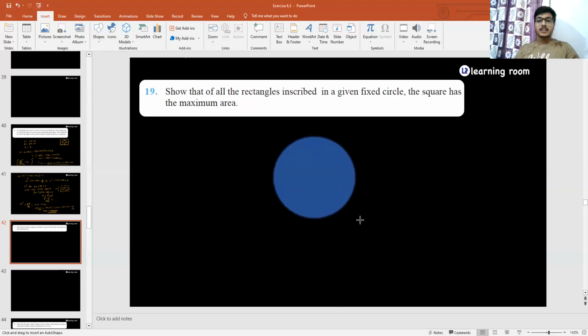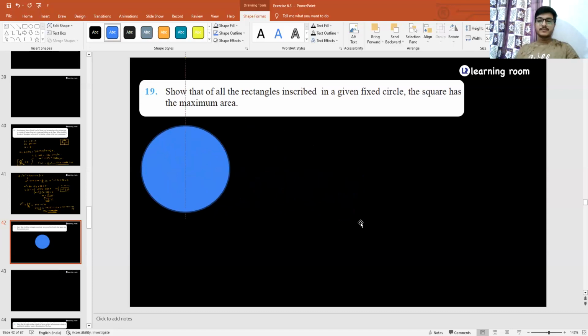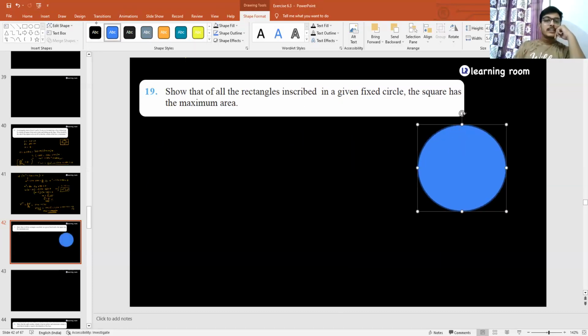If we have a circle like this, right? Now, inside the circle, we need to get something, anything we can inscribe in it.